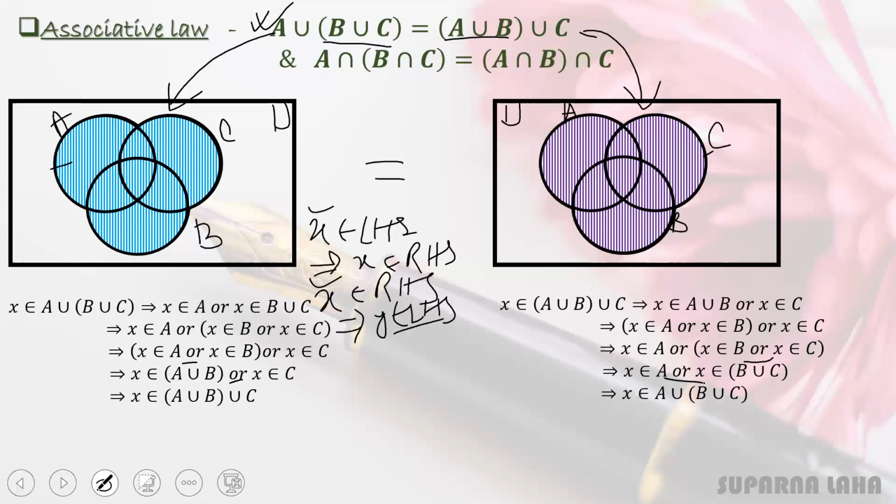So X belongs to A union, then B union C. So now look at that. We proved that if X belongs to RHS, then it belongs to LHS. So if these two cases happen, then we can say that LHS is equal to RHS.